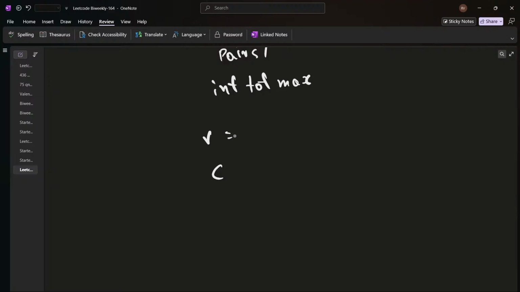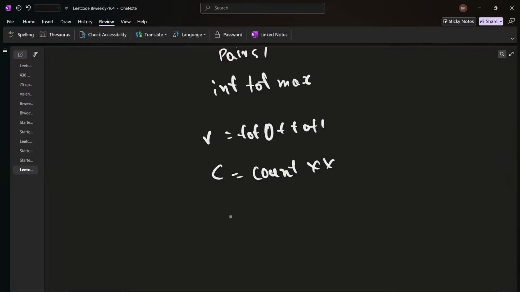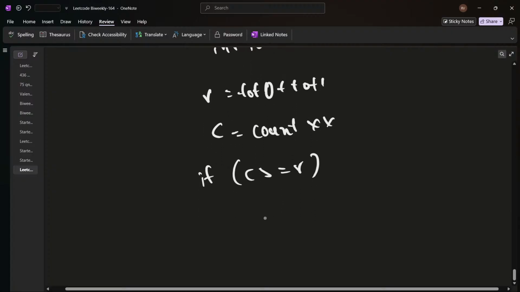R is equal to total 0 plus total 1. C is equal to count of XX. XX is both cards. Now we'll run our if condition, which is C greater than or equal to R. Rest all I have told what to do. Return R.